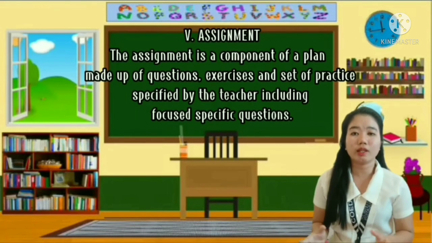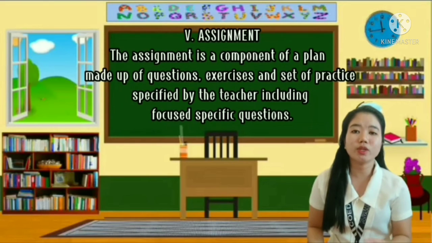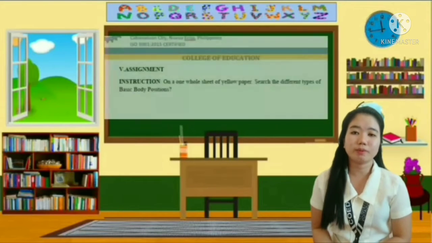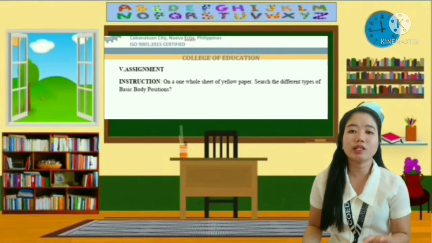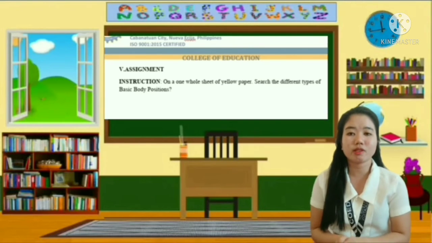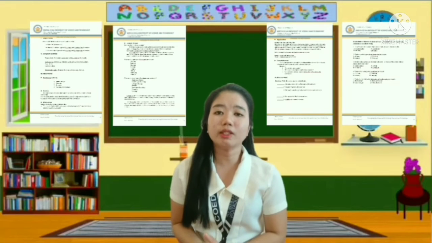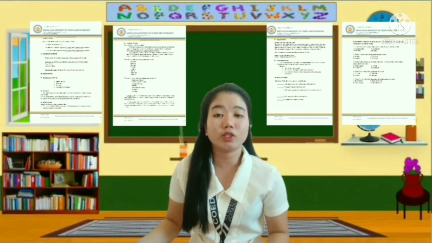After all the discussion ends, the teacher gives another task to the students, which is an essay type. Example, on one whole sheet of yellow paper, search the different types of basic body position or any task related to the previous topic. So after all the discussion, we realize that the semi-detailed lesson plan is focused on what the teacher wants to cover for that subject on that day.